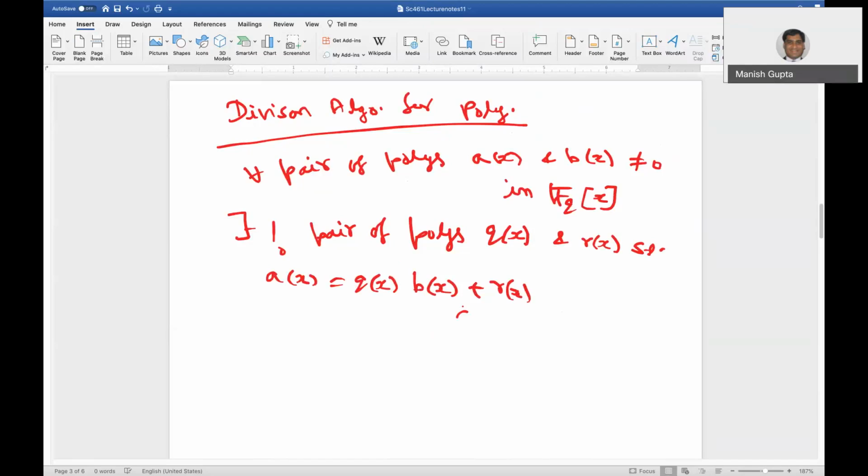The degree of the remainder polynomial r(x) cannot exceed the degree of b(x). Okay, this is the basic thing.